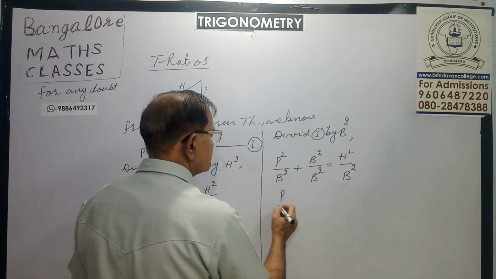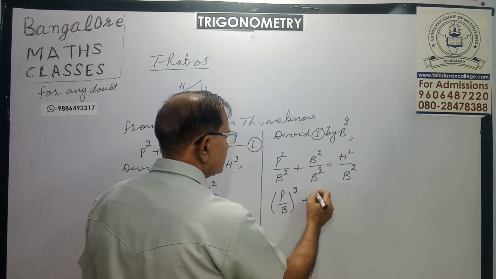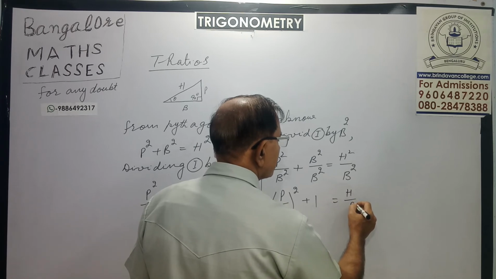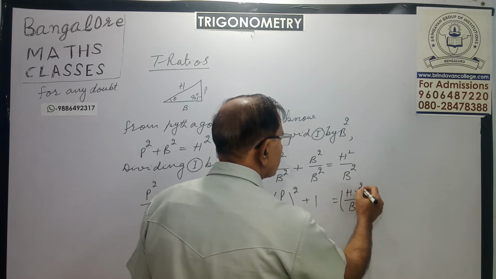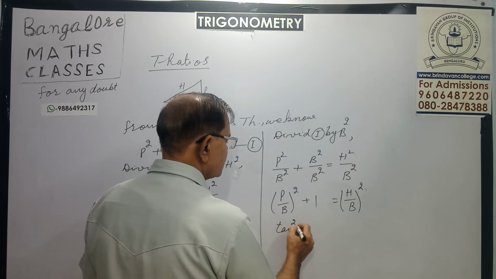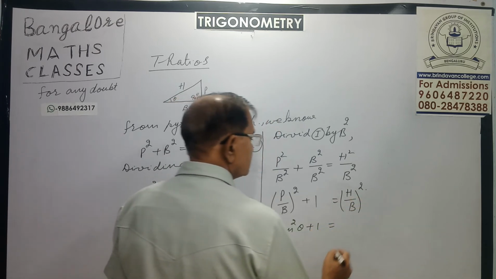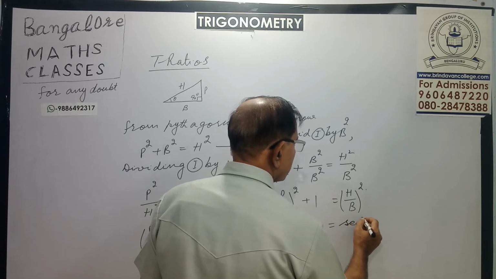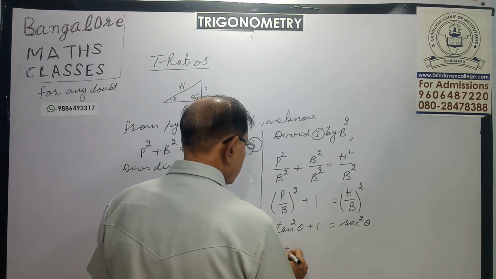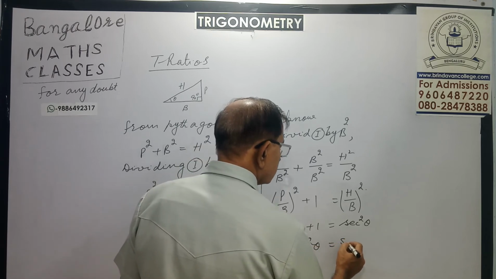Here I can put it as P by B whole square plus 1 equals H by B whole square. P by B is tan, so tan square theta. H by B is secant. So we have got the identity 1 plus tan square theta equals secant square theta.